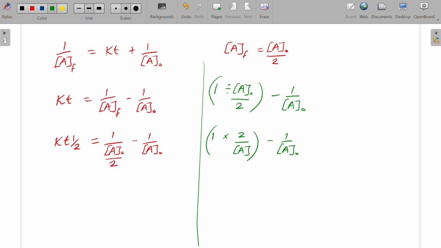Proceeding with this part here, 1 by 2 is 2, and this is over 1, 1 by this concentration here, which is the initial concentration, is going to give us 2 over the initial concentration. So this is what we have here, and this will be subtracted by 1 over the initial concentration again on the other side.